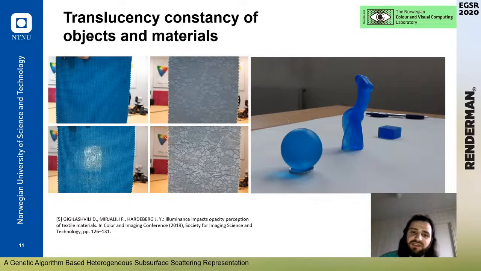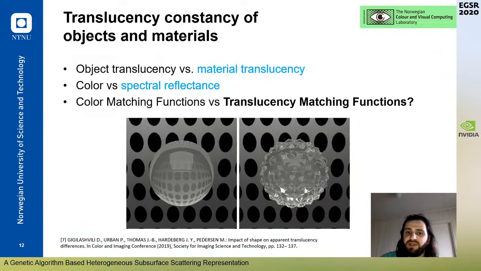There have been works in the state of the art that demonstrate that backlight makes objects look more translucent. And then on the right-hand side, we see two objects: a sphere that has a lower density of the colorants, and the female bust that should theoretically be more opaque, but because of thin parts, people considered it more translucent, because thin parts transmit light more easily.